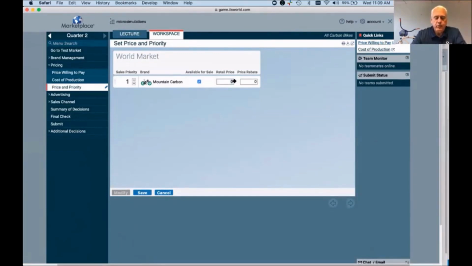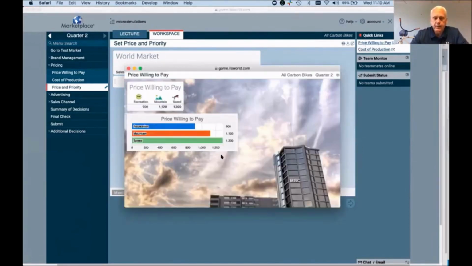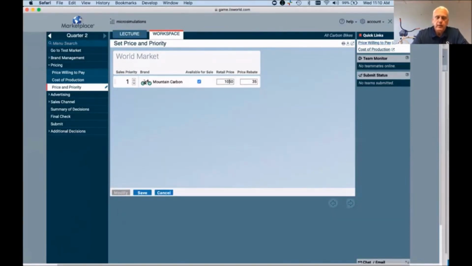So I'm going to sell this for $1,500, and I'm going to put a rebate on it of $35 in order to attract people who find it a bit pricey. Oops, I made a mistake there. I wanted it to be at $1,150. And the price willing to pay again, oh no, I actually priced myself too high. So I need to set that at $1,000. What I'm illustrating is how I can navigate here, and I have information that I can consult. So this all looks right.